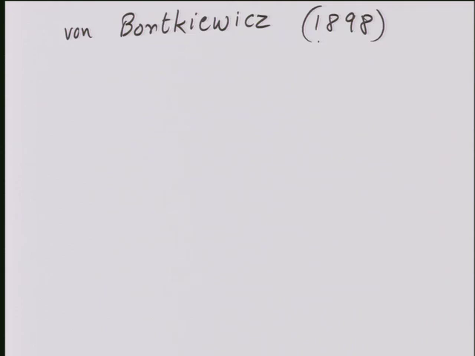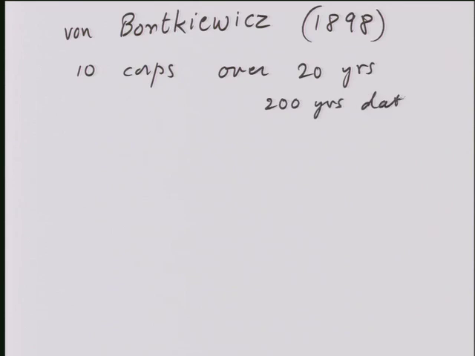These are rare events, hopefully, but in fact they were less rare than you would think. So what he did was collect data for 10 corps, 10 different cavalries, over 20 years. So it's as though he had 200 corps-years of data.